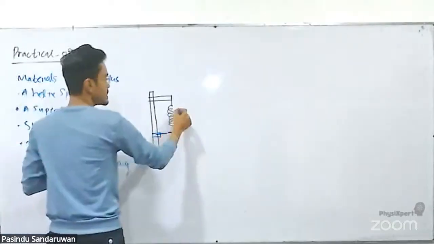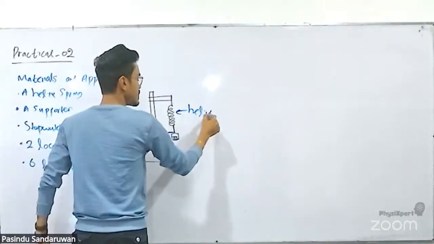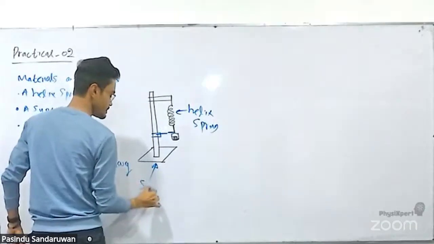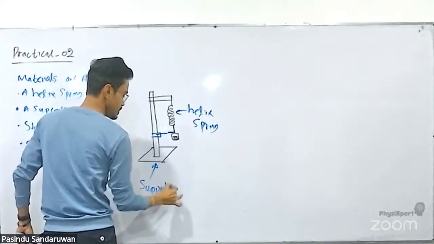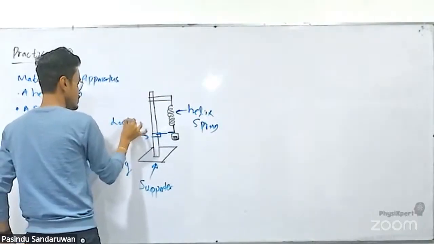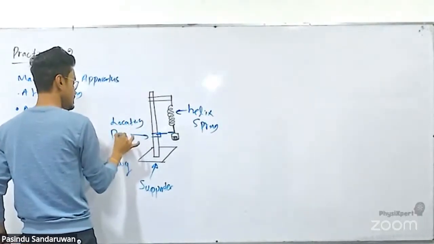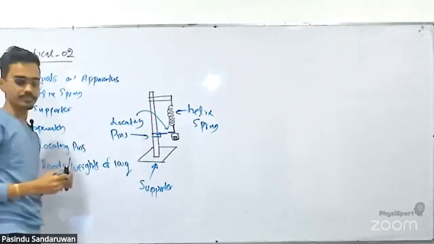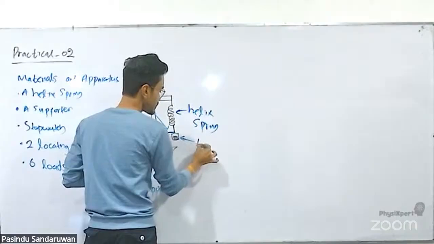So this is the helix spring and this is the supporter. There are two locating pins and these are the loads.